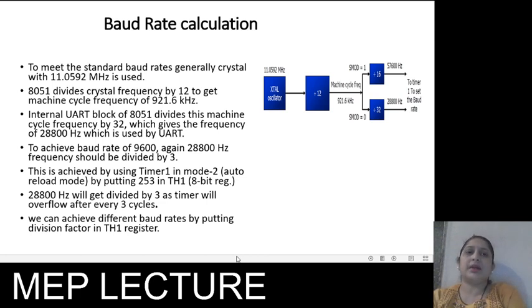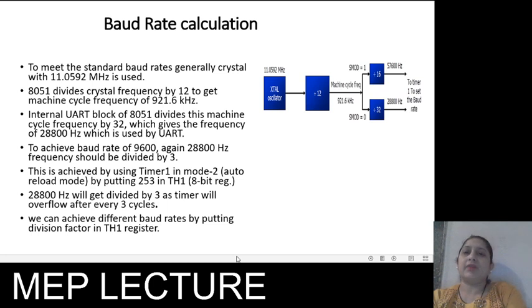So once it is divided by this, what value will we get? 921.6 kilohertz. Then the internal UART block of 8051 divides this machine cycle frequency by either 32 or 16. 32 means when SMOD bit is 0 and when it is divided by 16 means SMOD bit equal to 1.